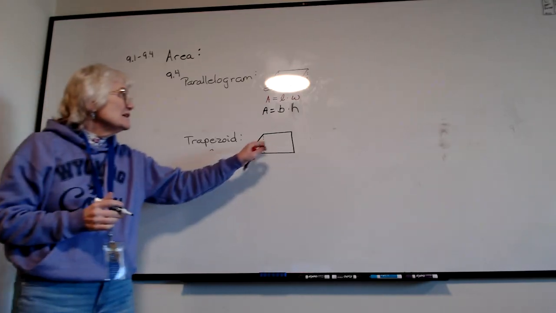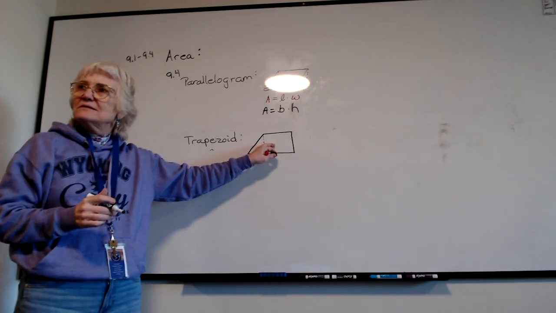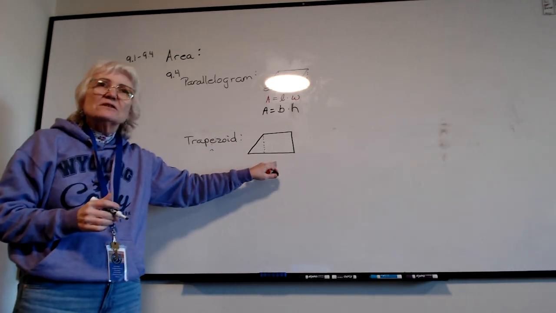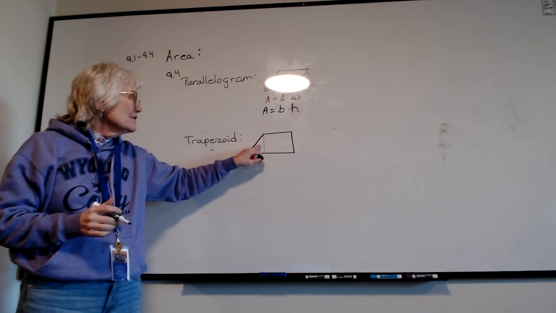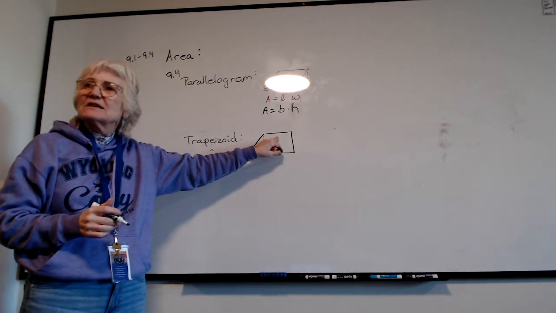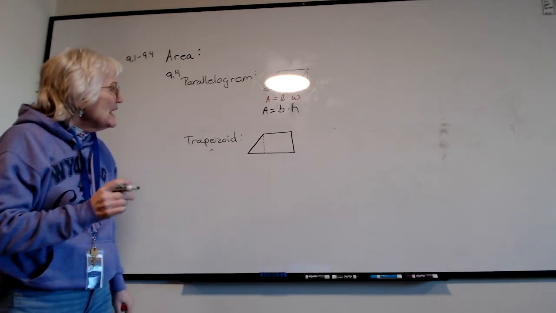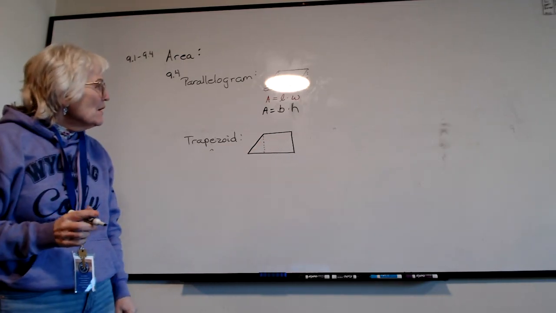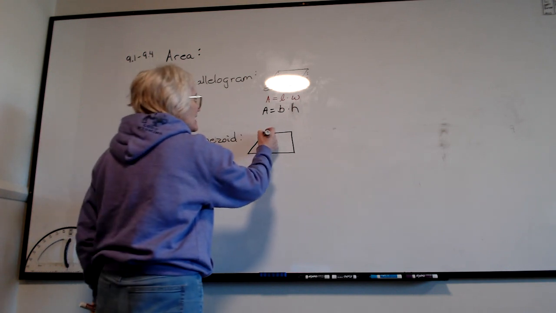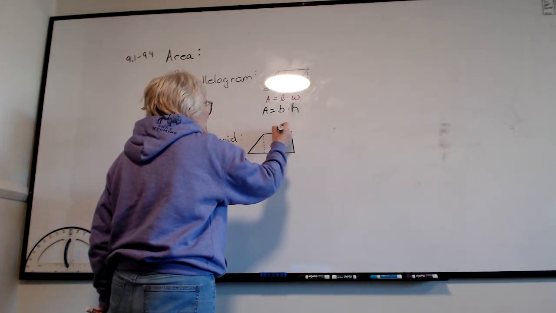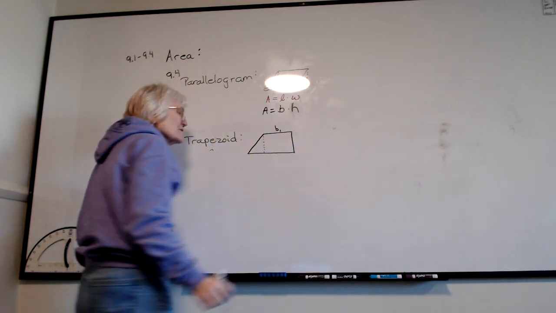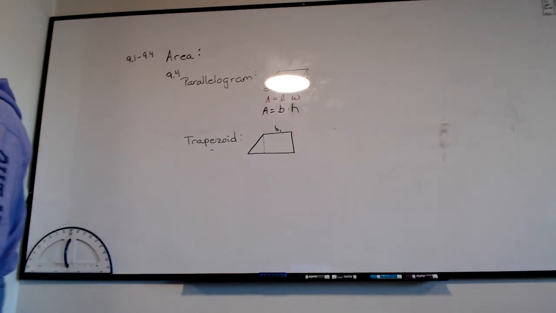So we could take the triangle area and add it to the rectangle area. In a trapezoid, we need to know what this length is. This is called base 1. In the trapezoid we actually have two bases. They are the two parallel sides.